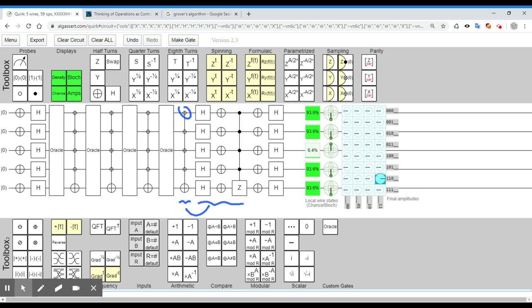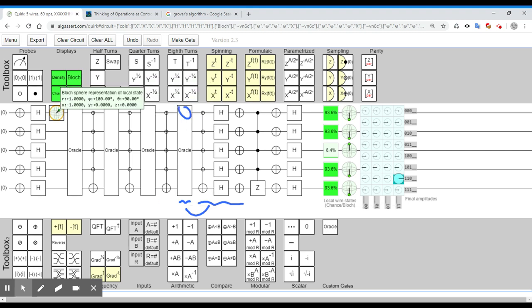If you put it on a Bloch sphere, they're all minus states, not plus states. That's the difference, and it works out if you look at how this evolves. It makes the notation easier, and it also makes the point that you don't have to start with the superposition of plus states. You can start with any.